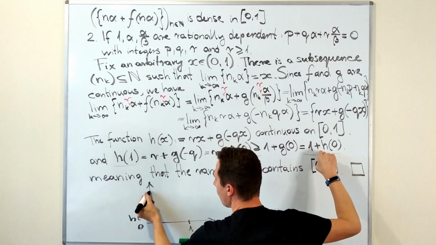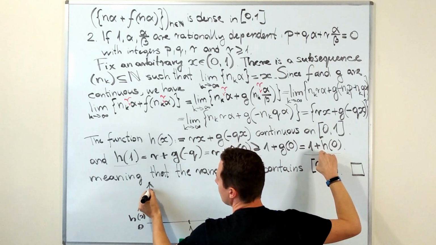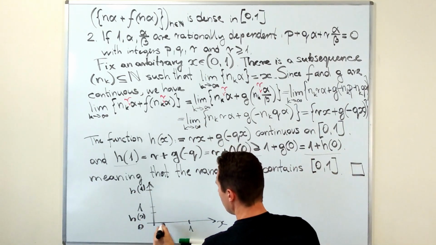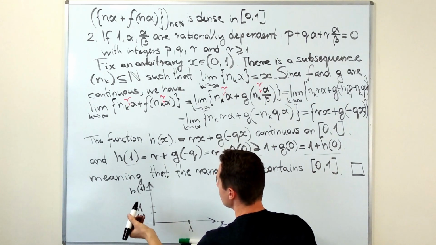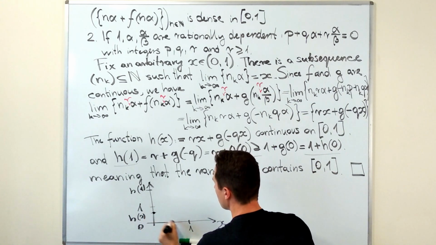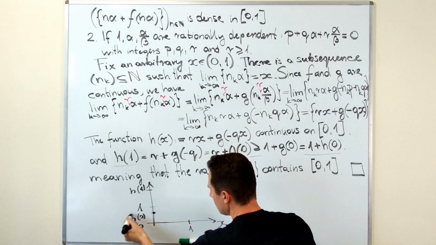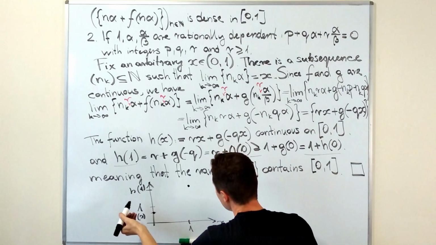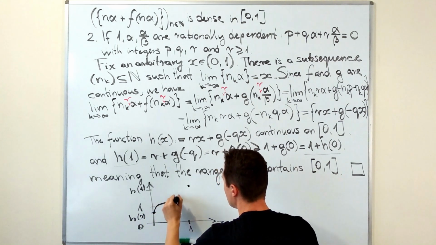So I'm adding 1 plus potentially a bit to get up to h of 1. The function starts at h of 0 at 0 and ends at h of 1 at 1, and it is some continuous function.